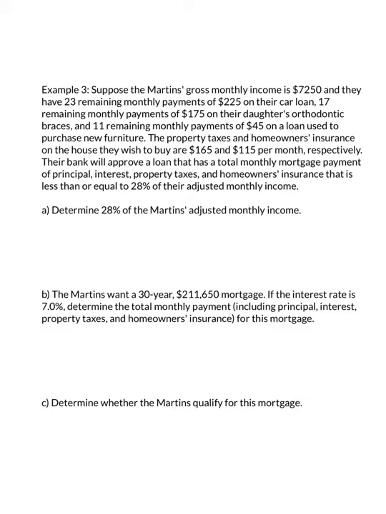Example 3 says, suppose the Martins' gross monthly income is $7,250 and they have 23 remaining monthly payments of $225 on their car loan, 17 remaining monthly payments of $175 on their daughter's orthodontic braces, and 11 remaining monthly payments of $45 on a loan used to purchase new furniture.